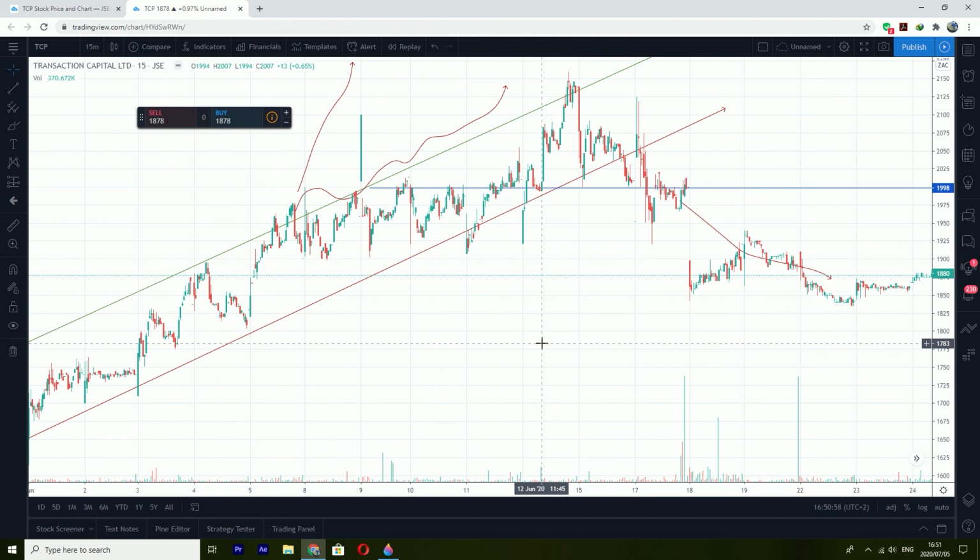So if you are analyzing a graph and you realize that it's been in the support and resistance for quite some time, you can expect a very big breakthrough. Whether it's positive or negative, it's going to be quite huge. So that's the other little secret you can expect from support and resistance.